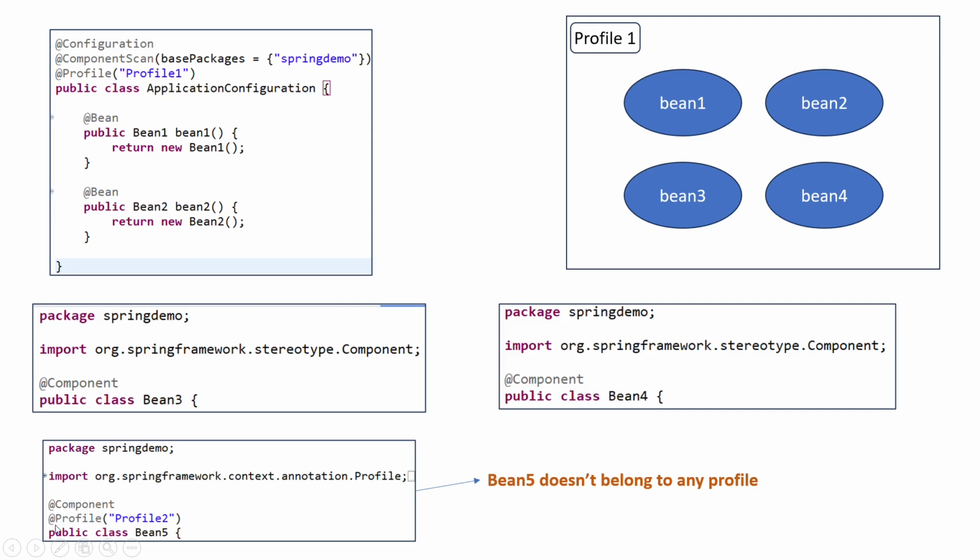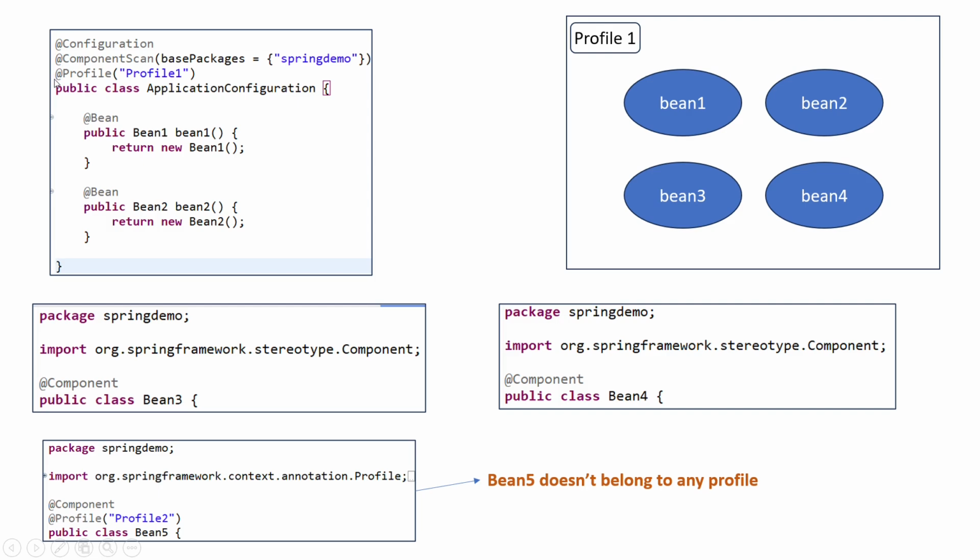But for example, if I annotate this particular class with @Profile with some profile 2, let's say, what will happen is, even though you annotate it with any profile name, this bean 5 does not belong to profile 1. This is the key concept we need to understand in depth. So don't use both together.